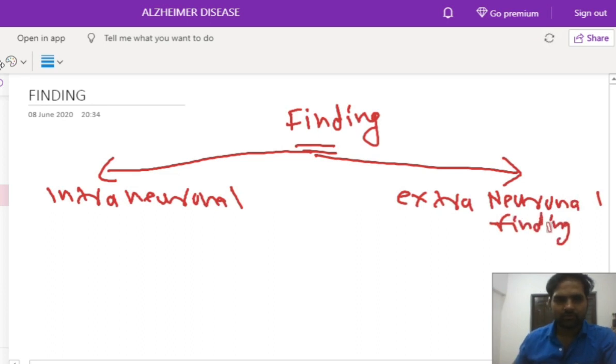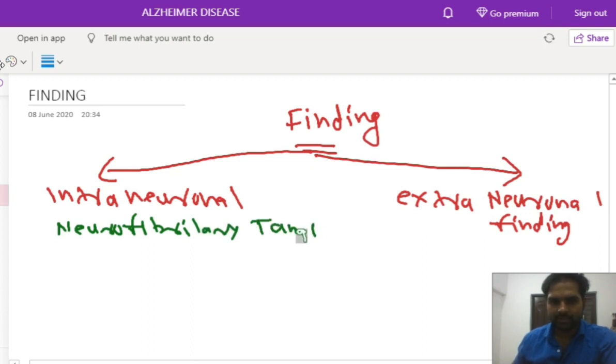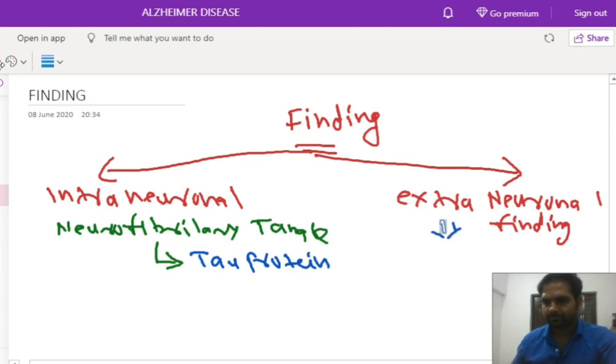In the intraneuronal findings we have the neurofibrillary tangle, and these NF tangles are made up of tau protein. Whereas in the extraneuronal findings, there is deposition of A beta amyloid.